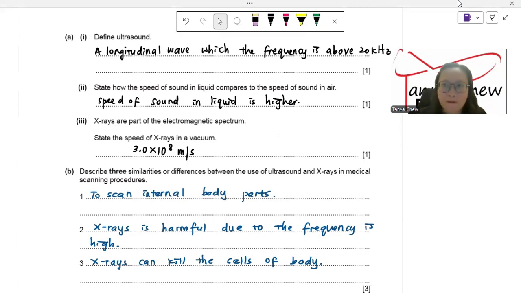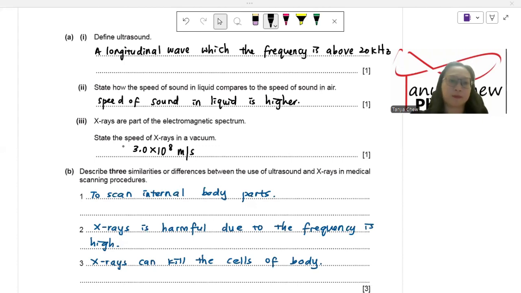Now, B. Describe 3 similarities or differences between the use of ultrasound and X-ray in medical scanning procedures. So first one, both of them are being used to scan internal body parts, avoiding you from undergoing any surgery.